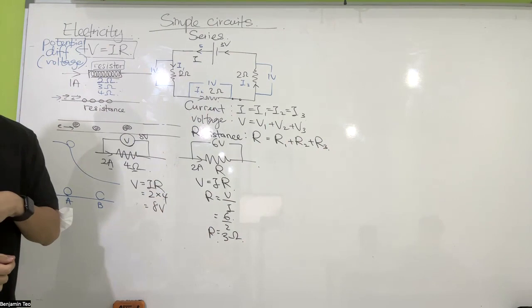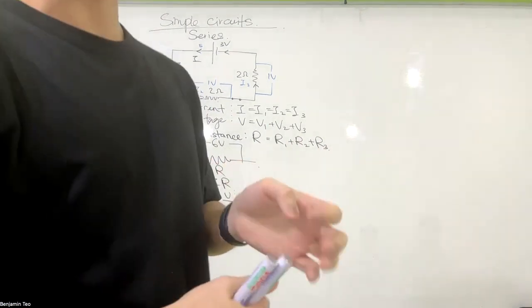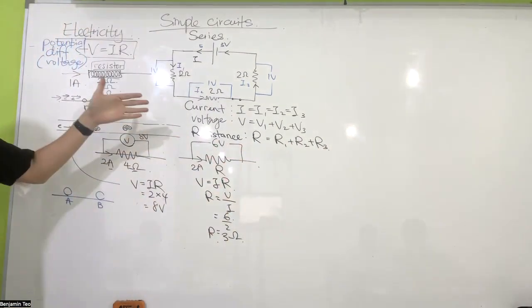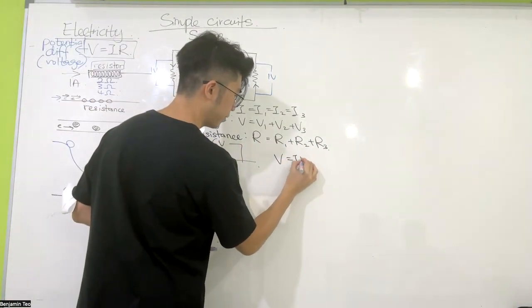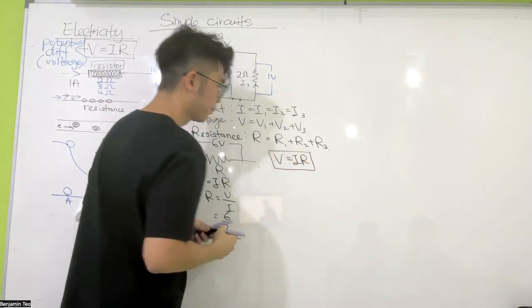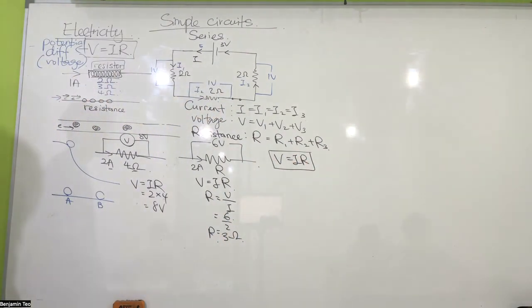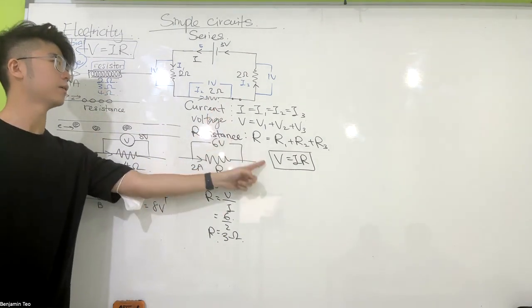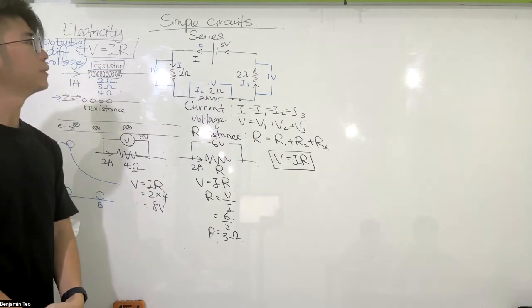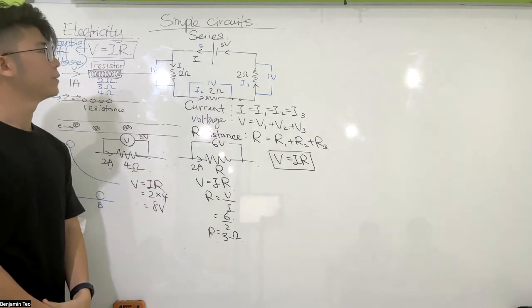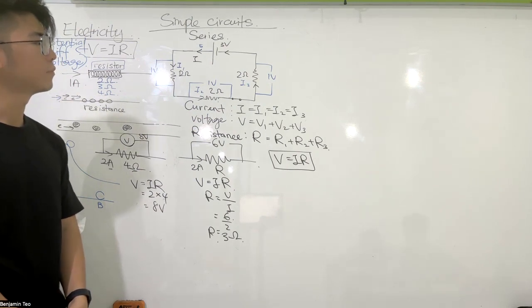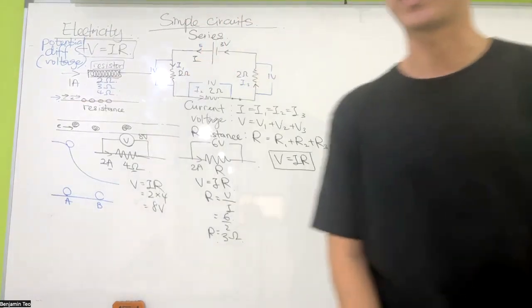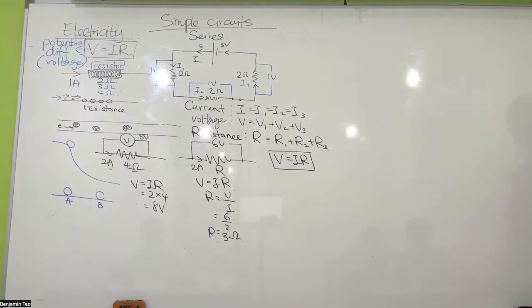Just add them up directly. If you want the total resistance, please remember all these 3 laws together with your V equals IR. I will show you an example of how to use this for series circuits. Okay, we take down first, then we do one example.